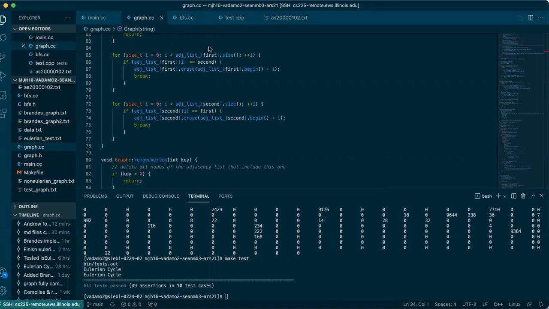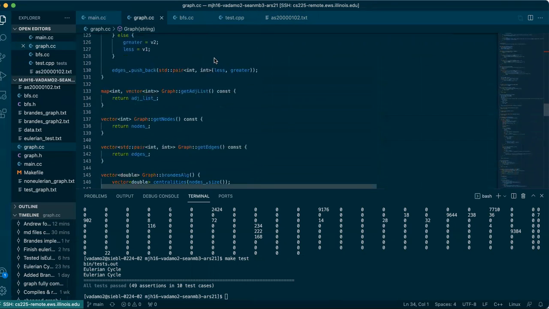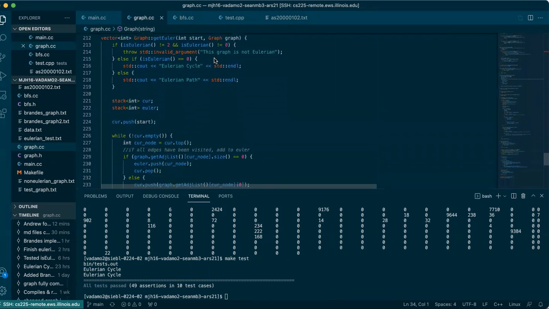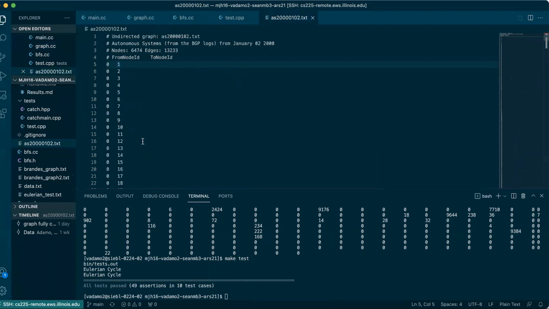Sure. So one of our goals was to develop an algorithm to identify cycles within a graph. In order for this algorithm to work, the graph has to be an Eulerian graph, so we wrote a helper function to help us identify that.